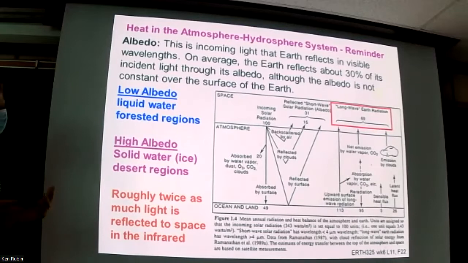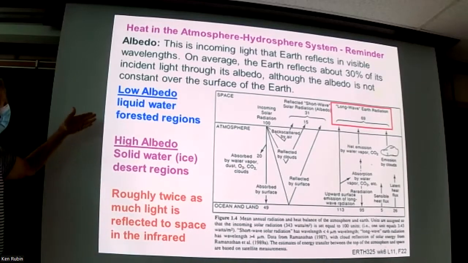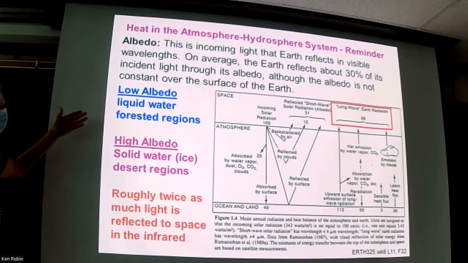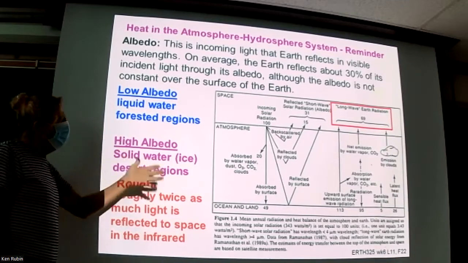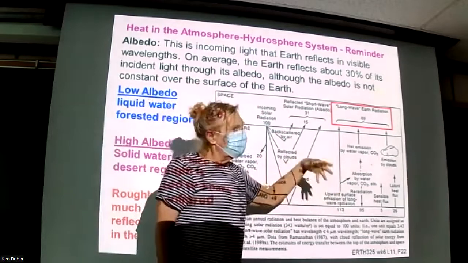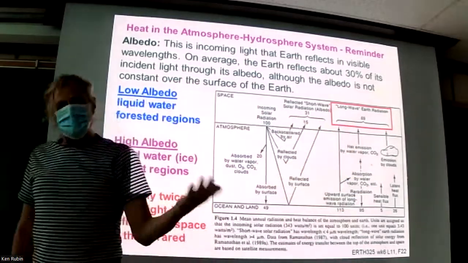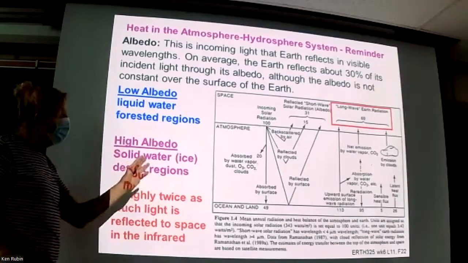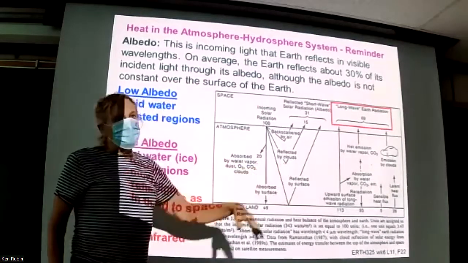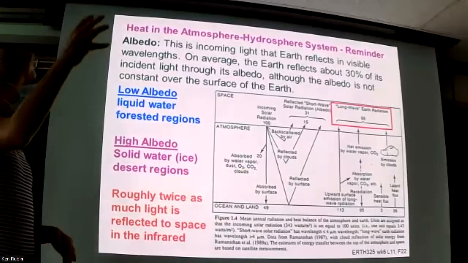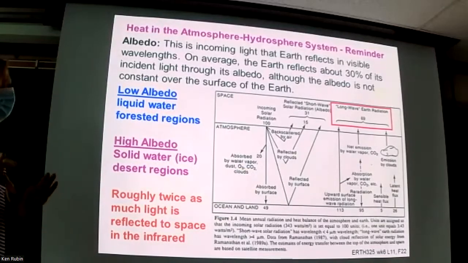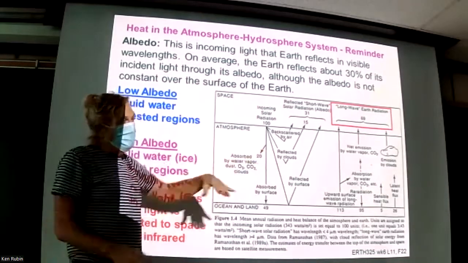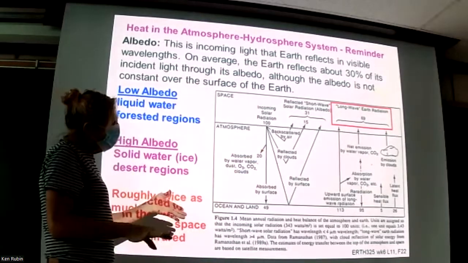You can also find negative feedbacks. For instance, when we warm the planet, which puts more water vapor into the atmosphere, which makes it able to absorb more infrared light, we also make more clouds, and clouds contribute to albedo. So we may make the atmosphere better at absorbing infrared radiation, but we also make it better at reflecting visible radiation. That's what's called a negative feedback.